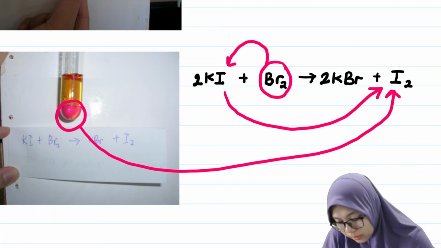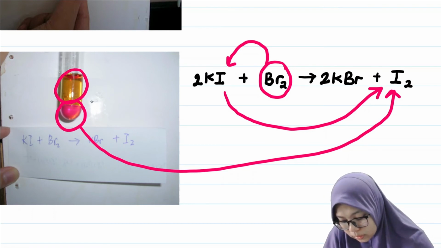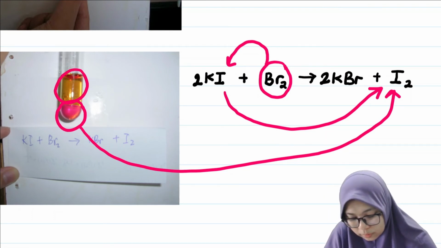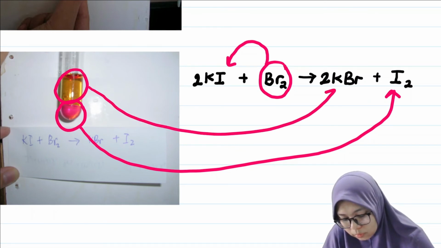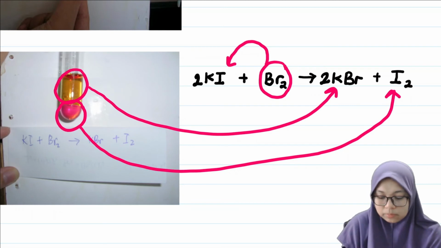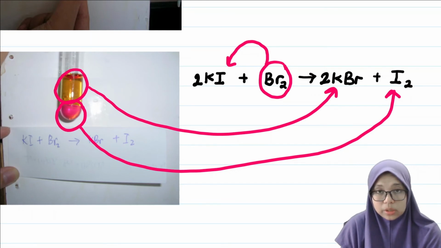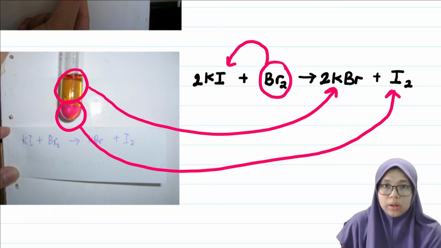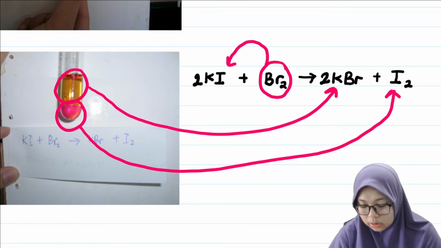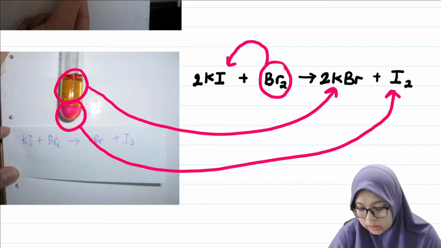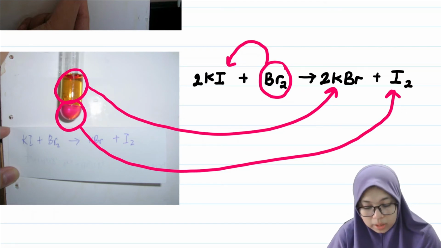And the upper part of the test tube, okay, this is the color for potassium bromide. So potassium bromide in aqueous solution, the color is brownish yellow, or brown, depends on the concentration. So in this case, the color is yellowish brown.